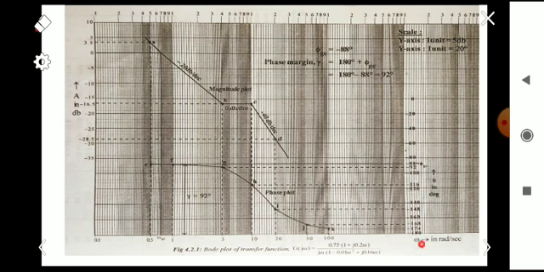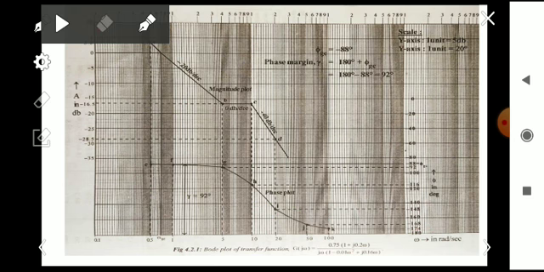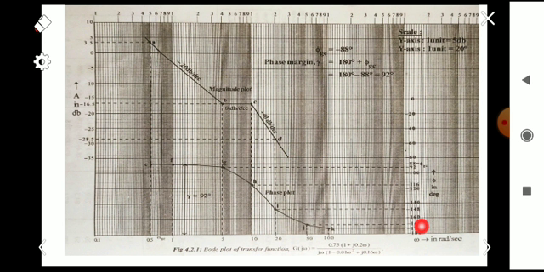If you increase the frequency, the graph will be something parallel to our x-axis. It will never reach minus 180 degree, so we are assuming it will reach minus 180 degree at infinity frequency.